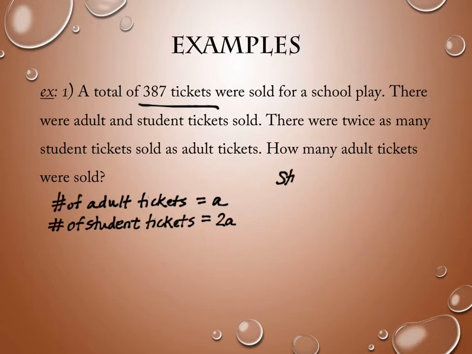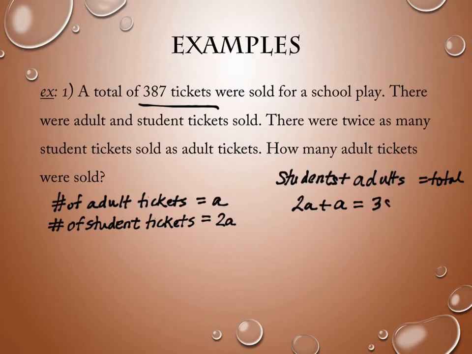You don't necessarily have to write this down, but if you're struggling to see how people are thinking about this, the students plus the adults would be the total, right? So the number of student tickets was 2A, the number of adult tickets was A, and the total number of tickets was 387.